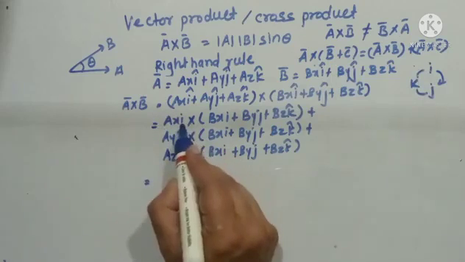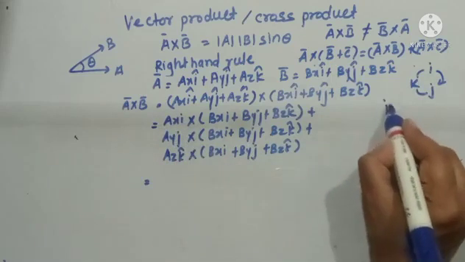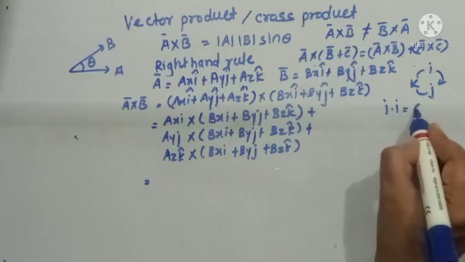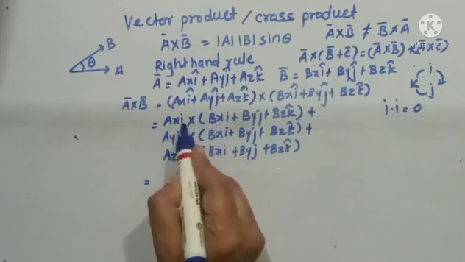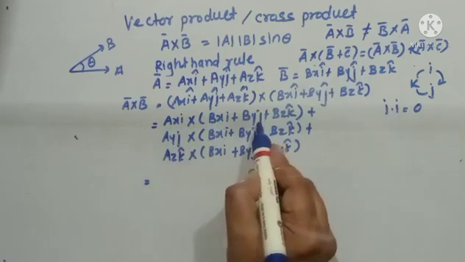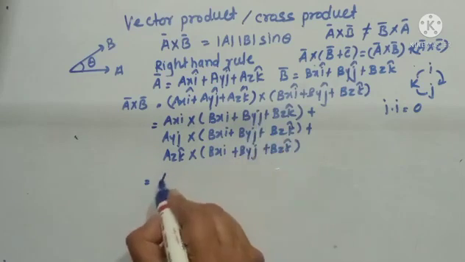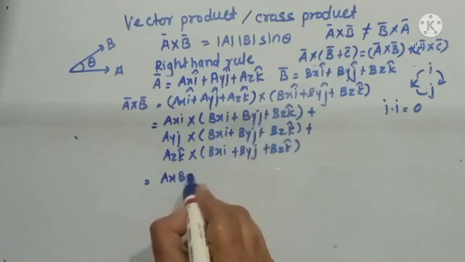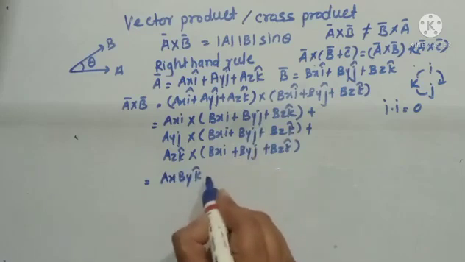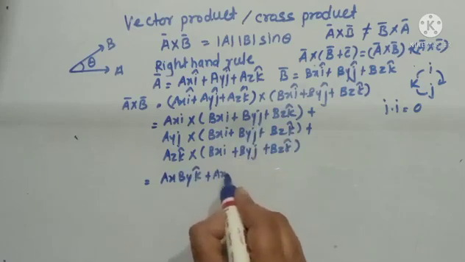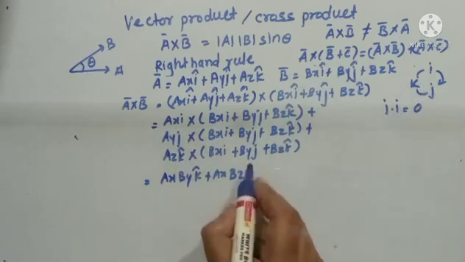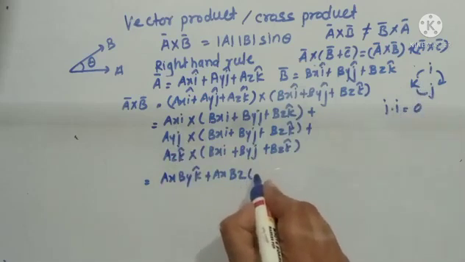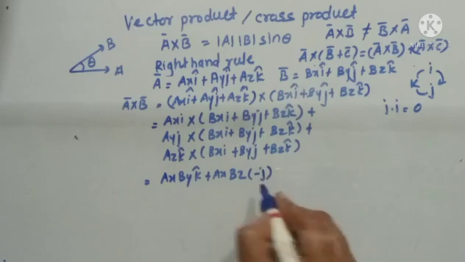Now we know that i cross i is equal to 0, so the first term will become 0. i cross j will give me k, so this is ax by k, plus ax bz i cross k will give me minus j.